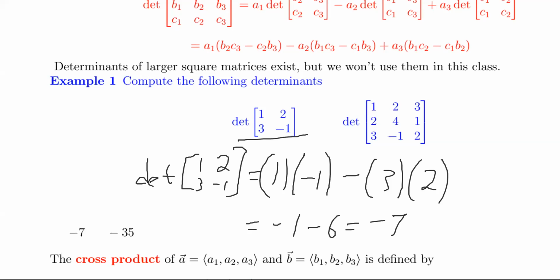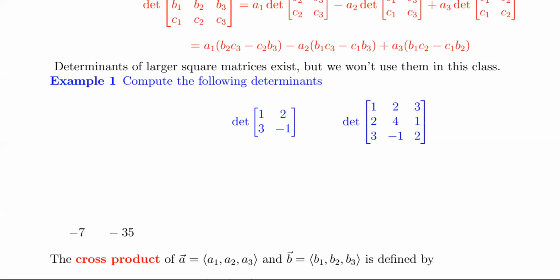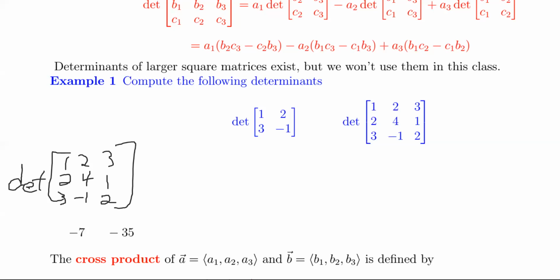It'll take a little bit longer to apply the formula for a 3 by 3 matrix. So let's write that out. Determinant of 1, 2, 3, 2, 4, 1, 3, -1, 2. This is 1 times the determinant of what is left over if you cross off the column and row that 1 is in. So this is 1 times the determinant of the 4, 1, -1, 2 matrix.